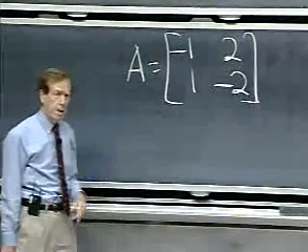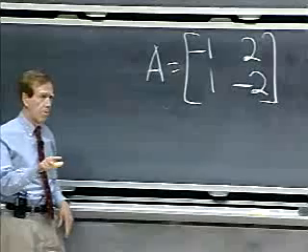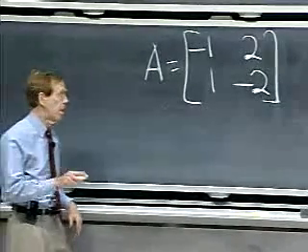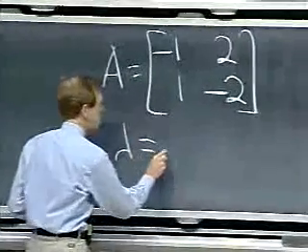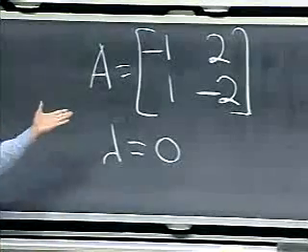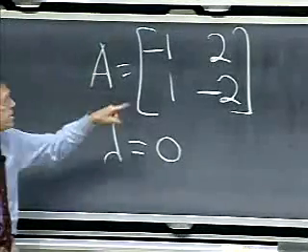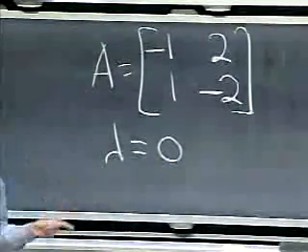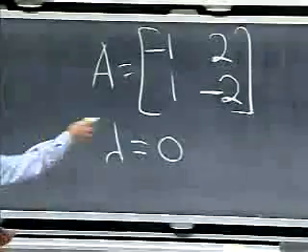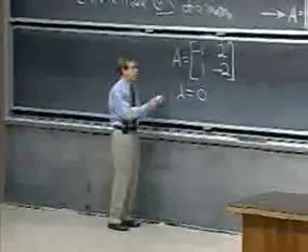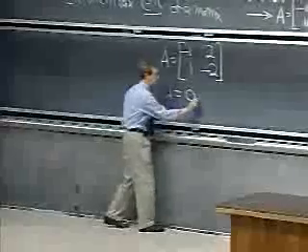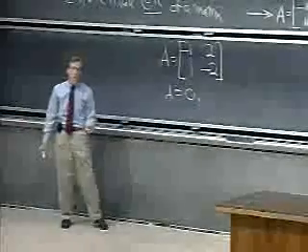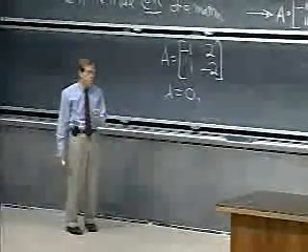That's a singular matrix. That tells me right away that one of the eigenvalues is lambda equals 0. The second column is -2 times the first column. The determinant is 0. It's singular, so 0 is an eigenvalue, and the other eigenvalue will be from the trace.